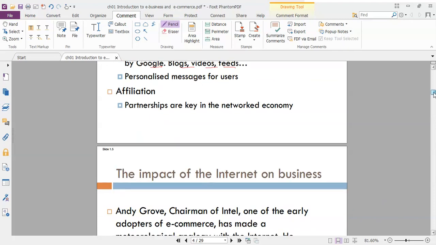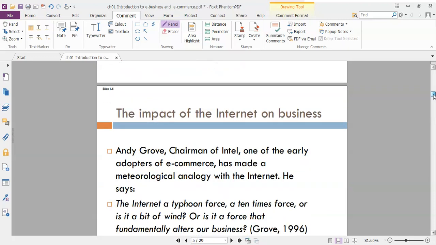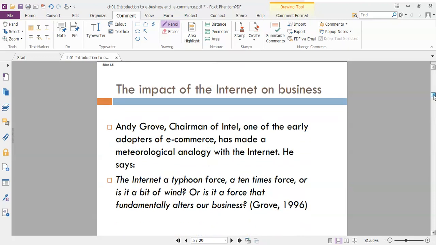So what is the impact of the internet on business? If you don't have an internet connection, how do you want to digitalize or put your business online? So the internet is a very important method or application throughout the world right now. Andy Grove, chairman of Intel, one of the early adopters of e-commerce, made a meteorological analogy with the internet.